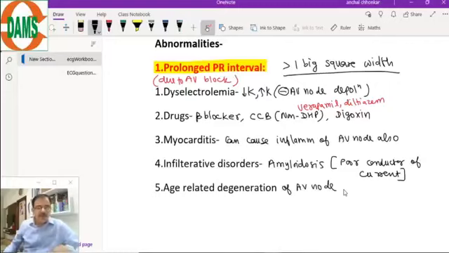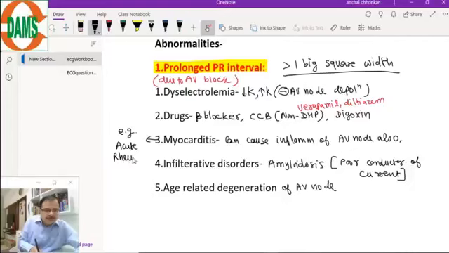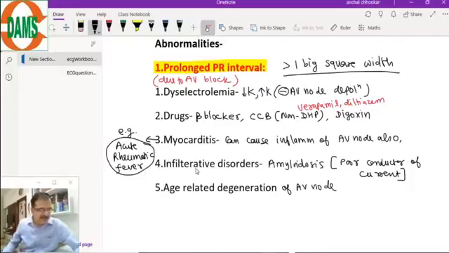Rheumatic heart disease will come in the myocarditis section, and one of the examples of myocarditis is acute rheumatic fever. So this acute rheumatic fever will cause AV block, prolonged PR interval.